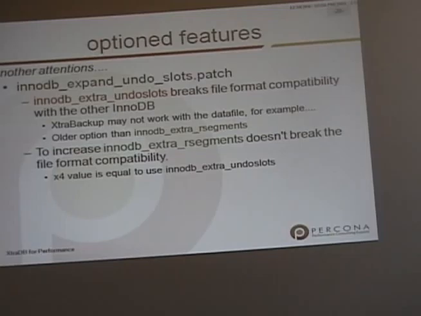In addition, another potential. Someone may use the InnoDB extra option, but this breaks the file format compatibility with the other InnoDB. So I recommend that instead of it, use InnoDB extra rollback segments with a 4 times larger value.